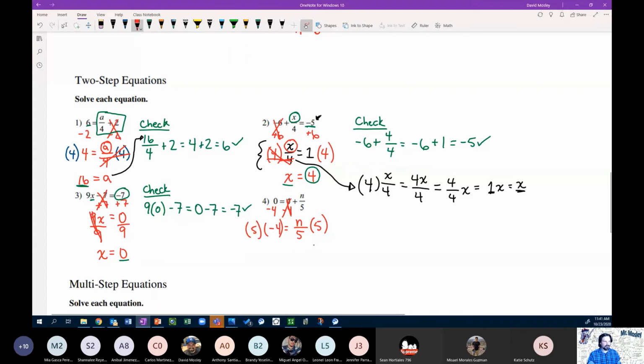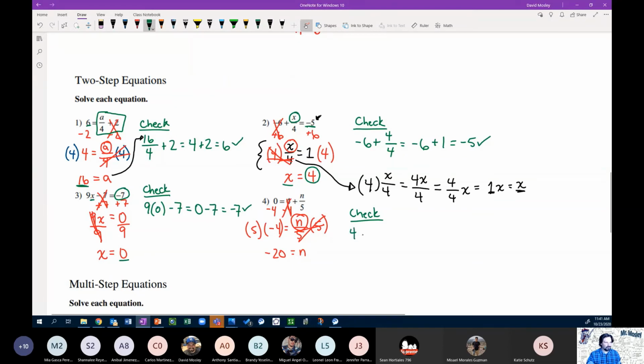Yes, Eunice, you are correct. Okay, so we have these 5s go away. I'm left with n. 5 times negative 4, negative 20, equals n. And yes, we are going to check. So everywhere there is an n, I put in negative 20.